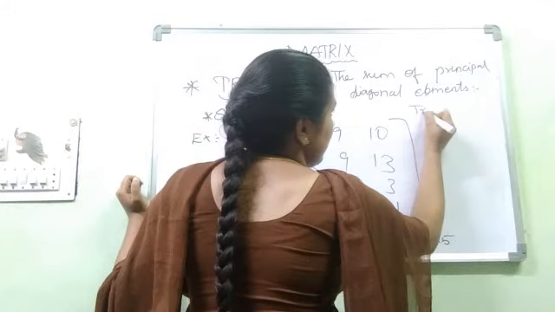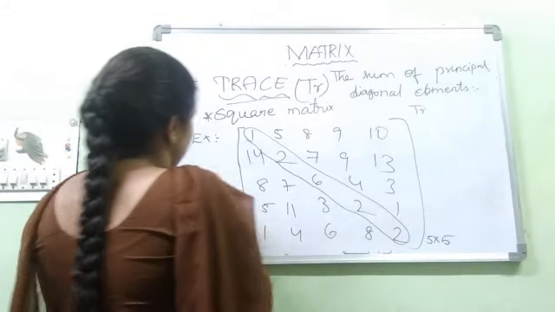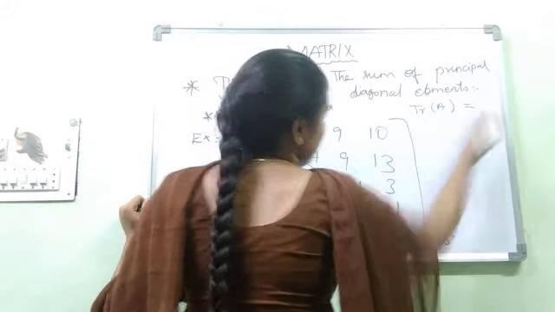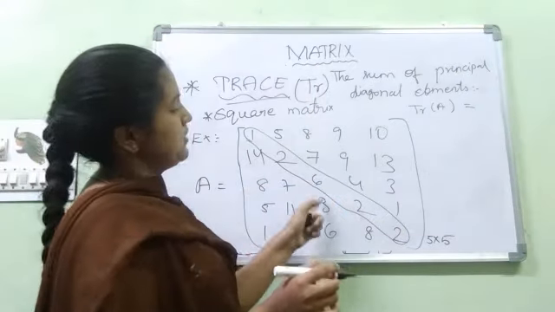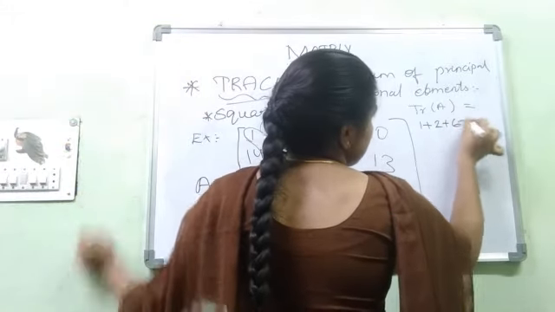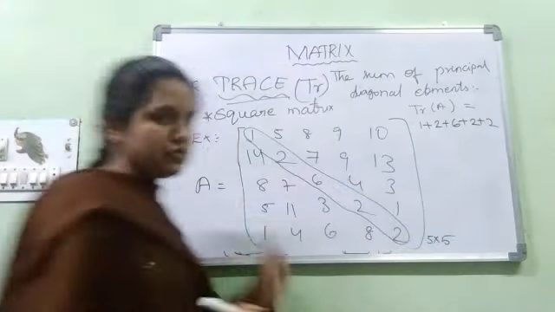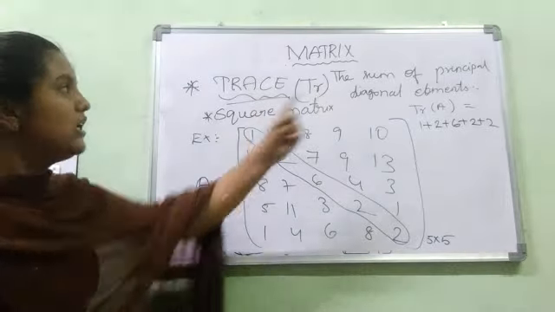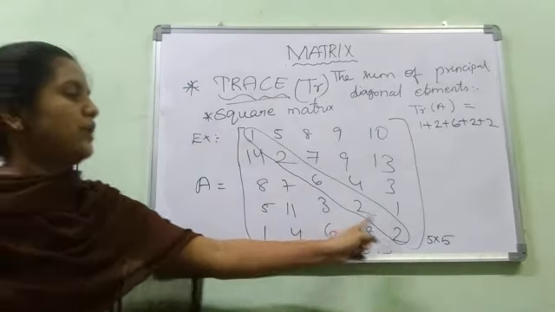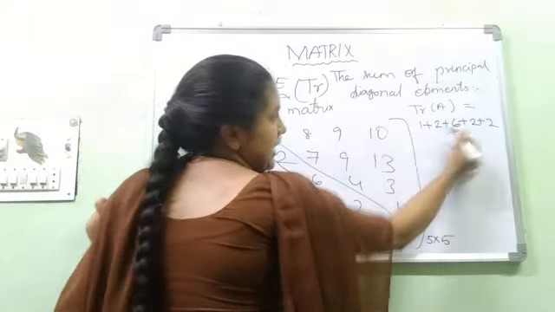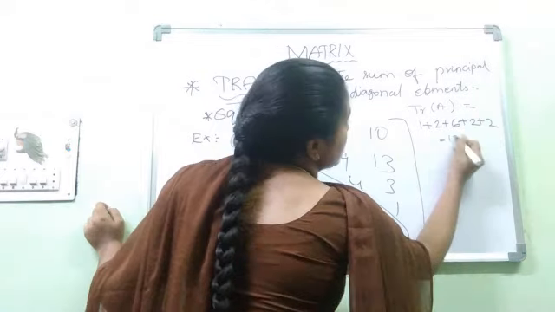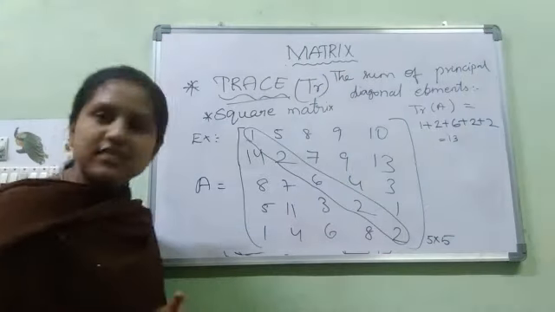So trace of this, suppose you take it as matrix A. So trace of A is equal to 1 plus 2 plus 6 plus 2 plus 2. I am adding the sum of the principal diagonal elements here. So 2 plus 1, 3. 3 plus 6, 9. 9 plus 2, 11. 11 plus 2, 13. So the trace of matrix A is 13.